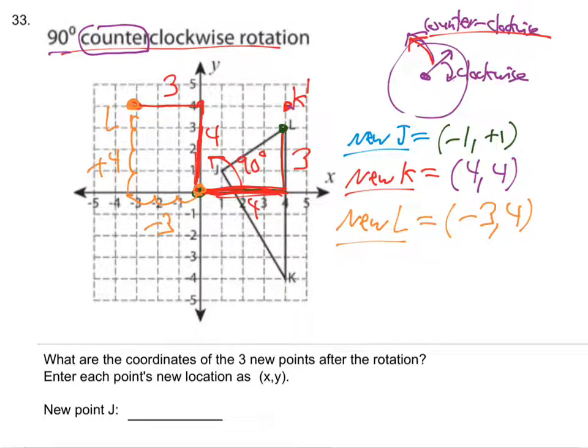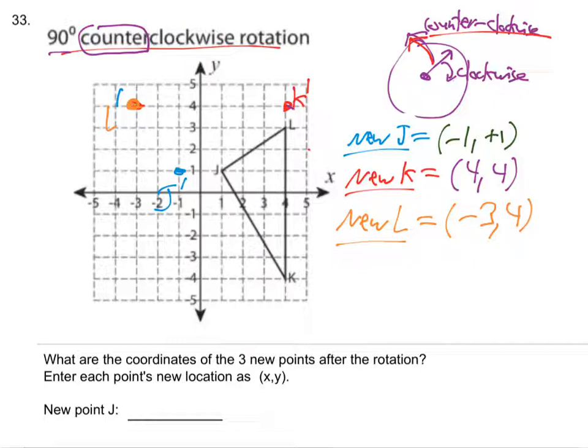You could put them all together now. Connect up the new triangle. So the new J was right there. It's the J prime, the L prime, the K prime. And then connect the 3 of them together.